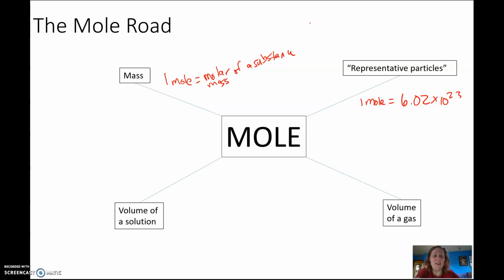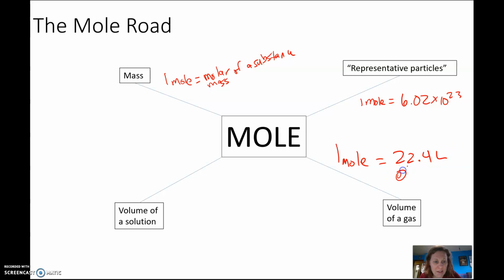Now, volume of a gas, I don't know if we're going to cover this, but I'm going to tell you anyway, because it was on the video. We did a lot of things with Avogadro's number, and that the same size container has the same number of particles. That was unit 4. The volume of a gas, 1 mole will equal 22.4 liters.